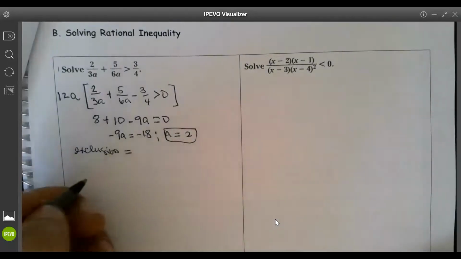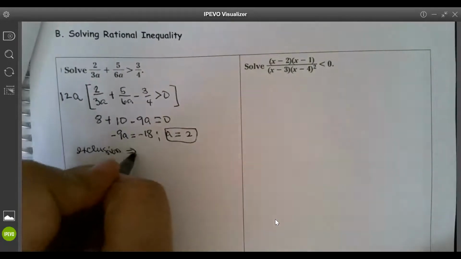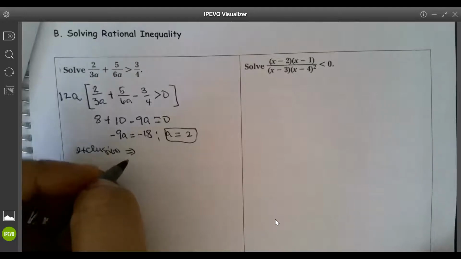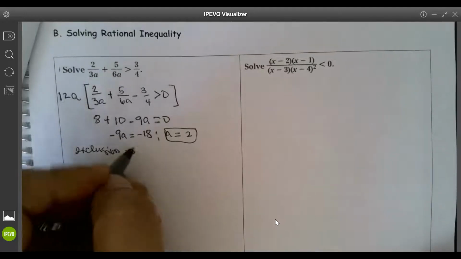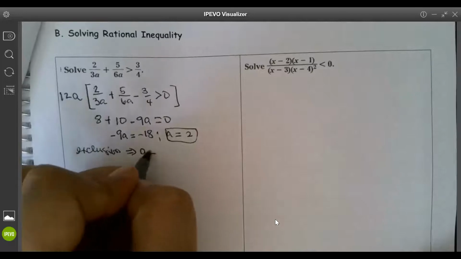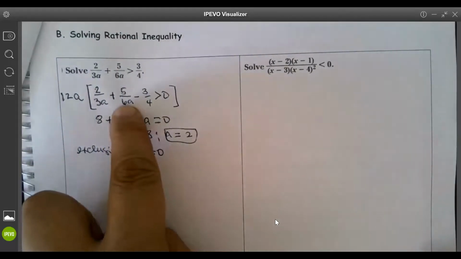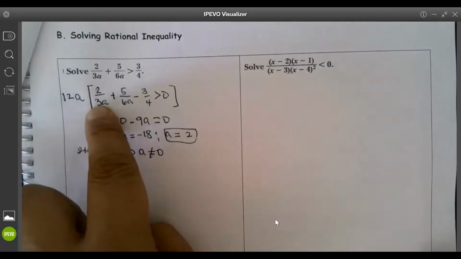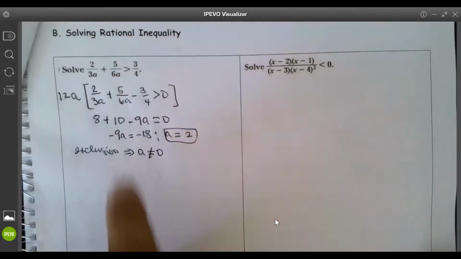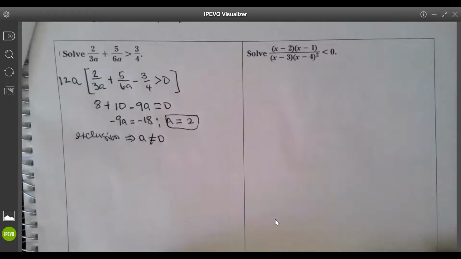Meaning to say A cannot be 0. Who said that? Janelle. Okay, Janelle, that's good. So A cannot be equal to 0, because it is a fraction. Your denominator cannot be 0.